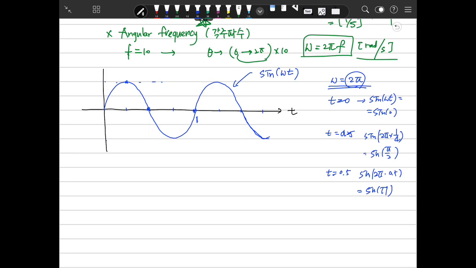If there is another waveform here, exactly the same as sine omega t but with some delay, then this waveform is sine omega t minus theta.